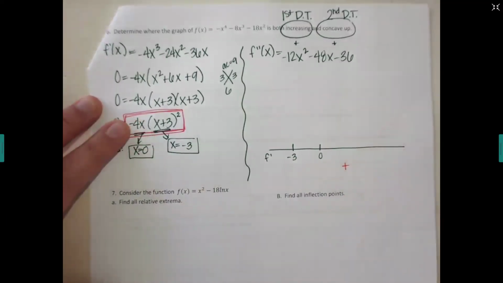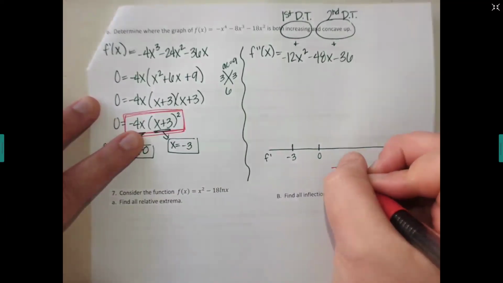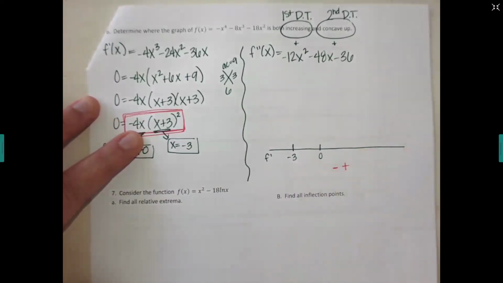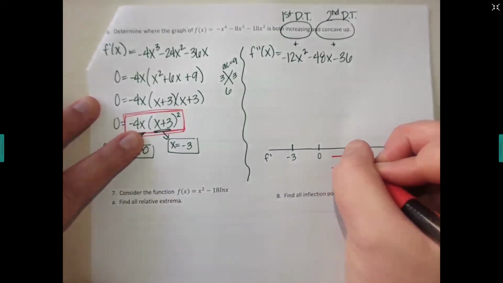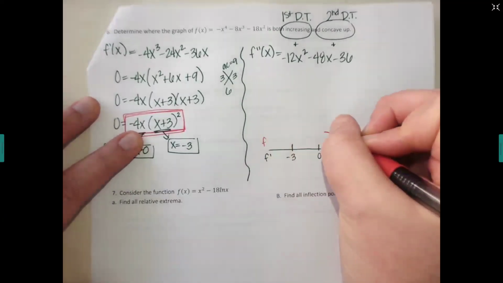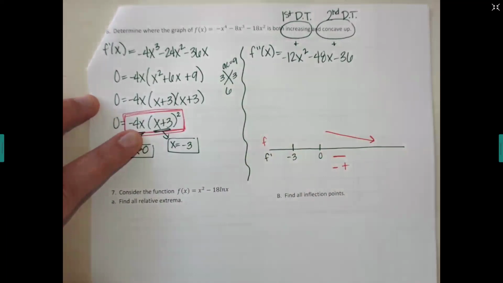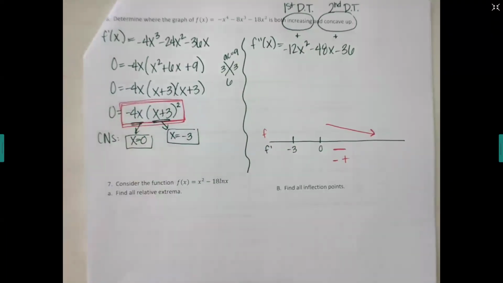Then I'm going to times my 1 by a negative 4 on the outside. How will that come out? Negative. Very good. So a negative times a positive is overall negative. And remember, that tells me that f is going downhill, because f prime tells me the slope of what the original function was doing.